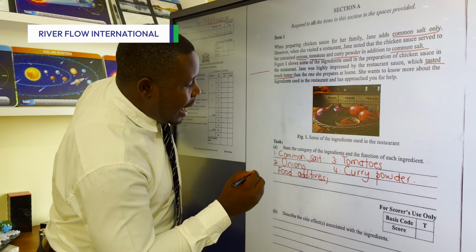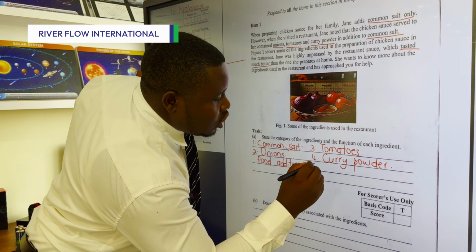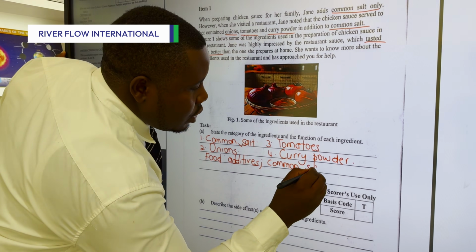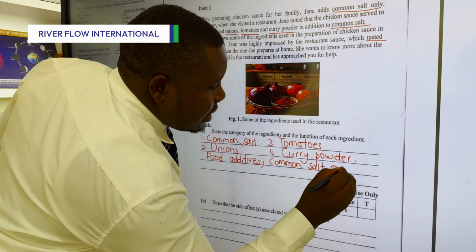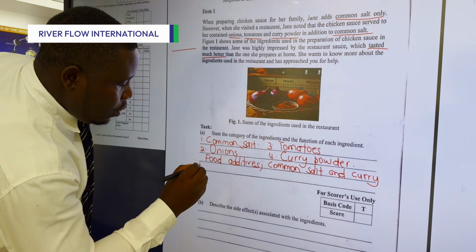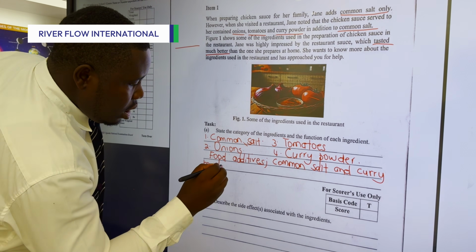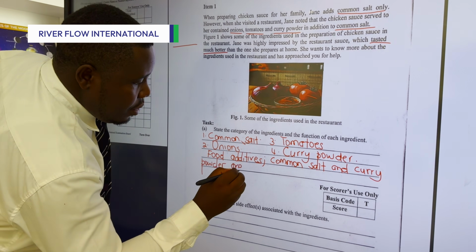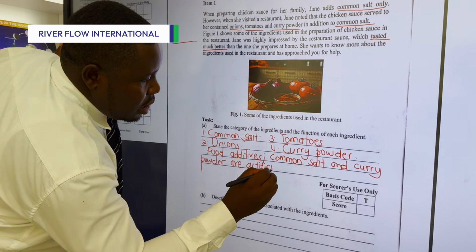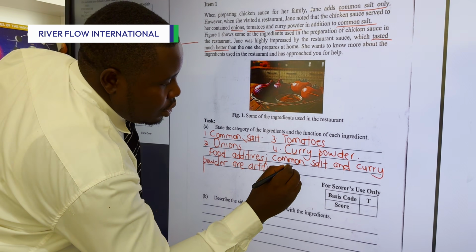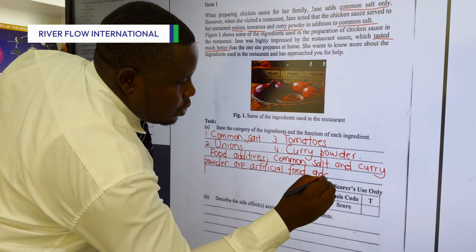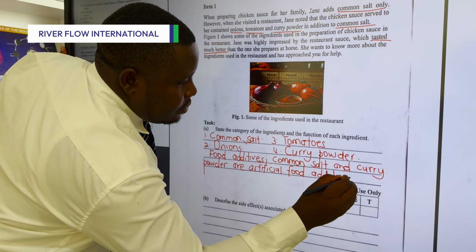So you can also go ahead and say that common salt and curry powder are artificial food additives.